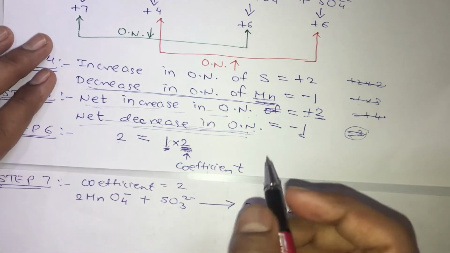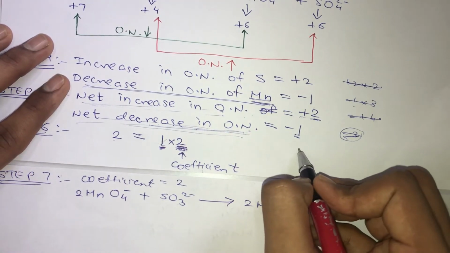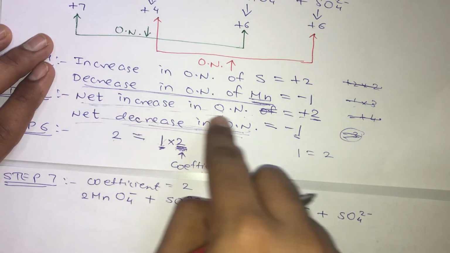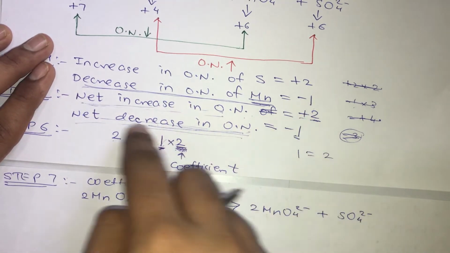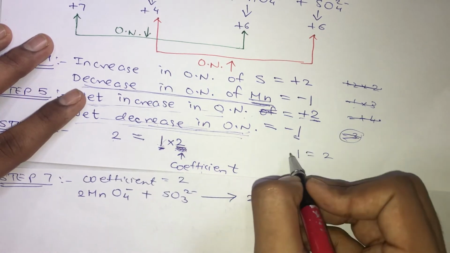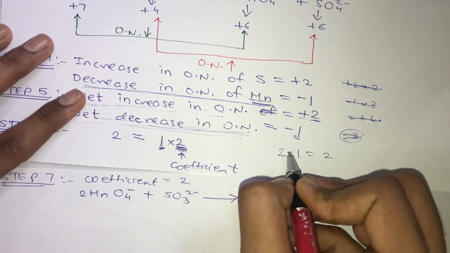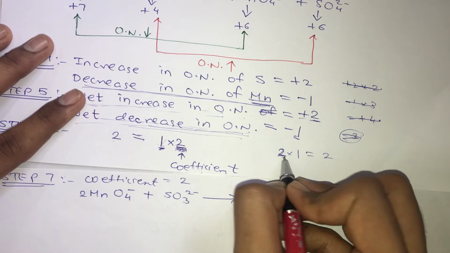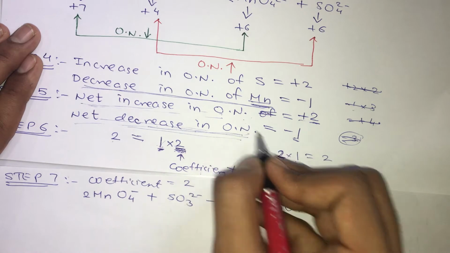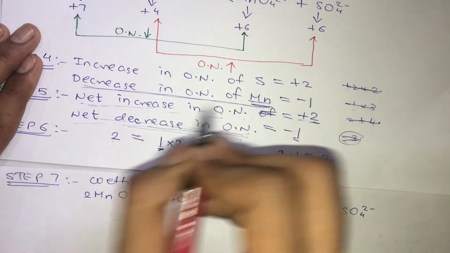If the case would have been different, let's say the net increase in oxidation number would have been 1 and the net decrease in oxidation number would have been 2. So here you need to multiply by 2, and this 2 has to be multiplied to the increase in oxidation number, that is sulfur.